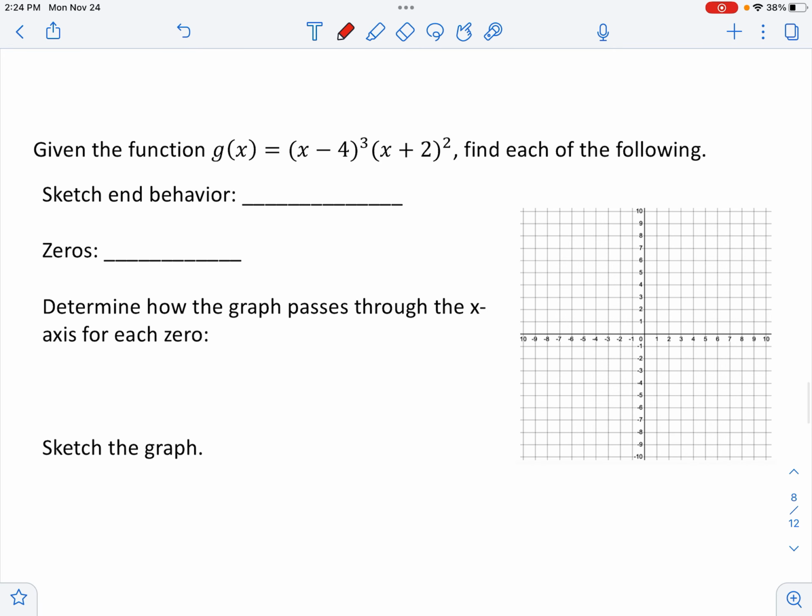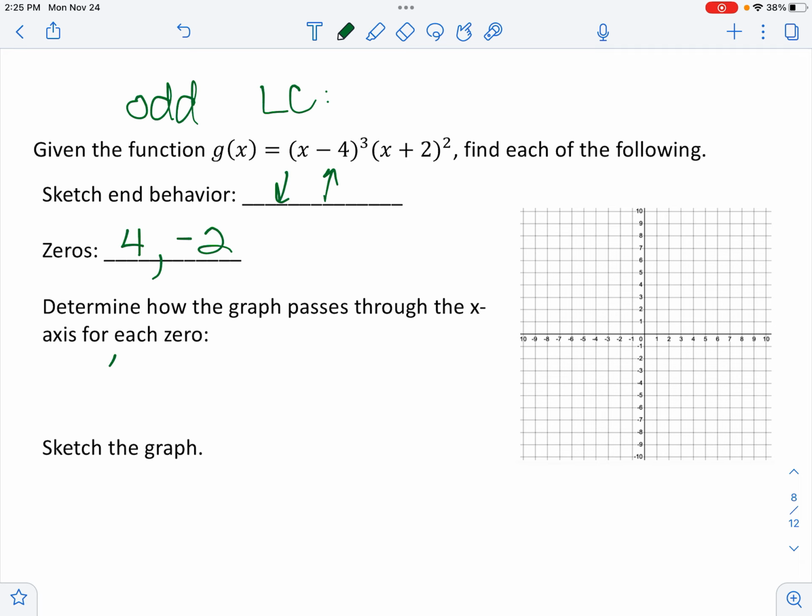All right. So end behavior, I have a degree 5, so it's odd. And my leading coefficient is a 1. So again, I should have this and this, hopefully. My zeros, I have 2, 4, and negative 2. Now 4 has a multiplicity of 3, it occurs 3 times, and negative 2 has a multiplicity of 2.